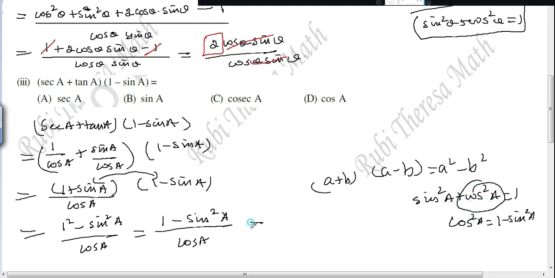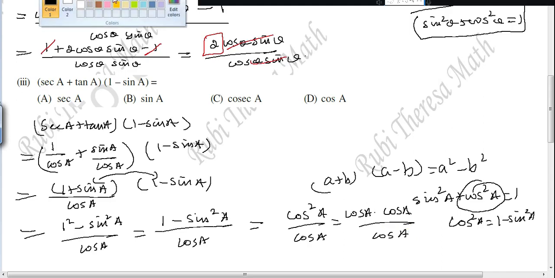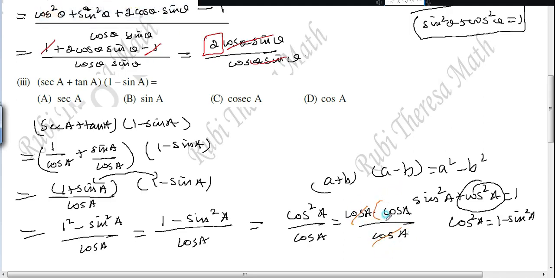So, 1 minus sin squared A can be replaced with cos squared A divided by cos A. Cos squared A is nothing but cos A into cos A divided by cos A. So, cos A gets cancelled. What is remaining? Cos A is remaining, isn't it? So, what is the answer here? Cos A, option D is the answer. Do you follow?